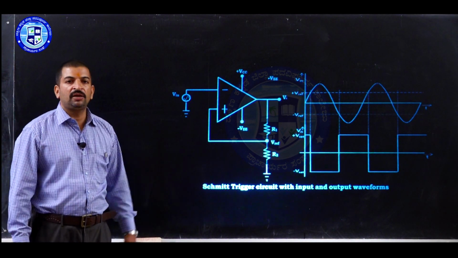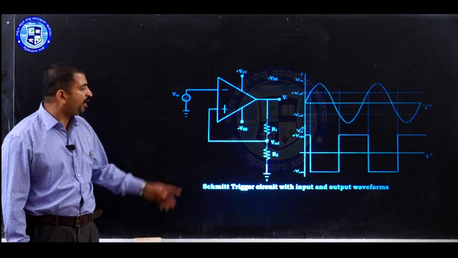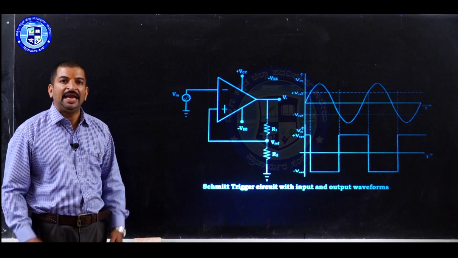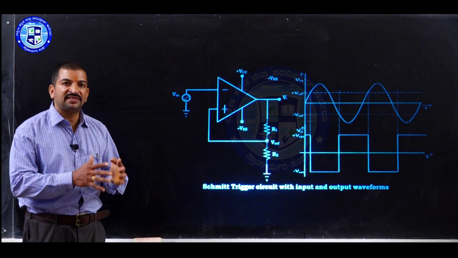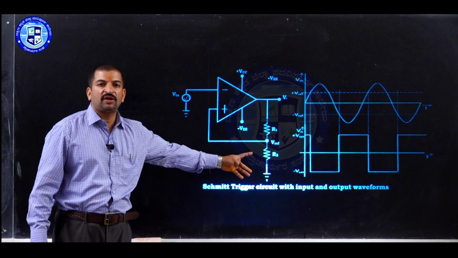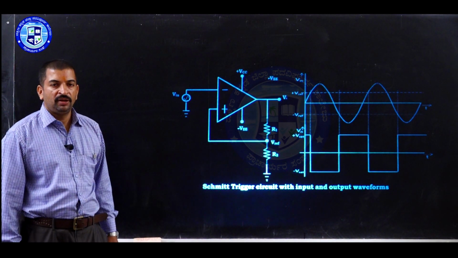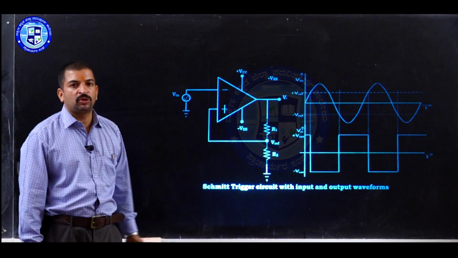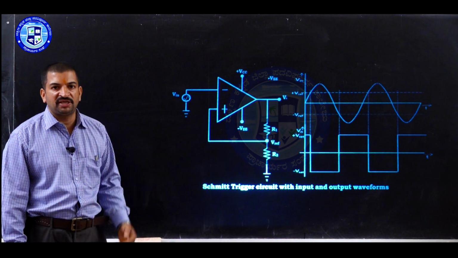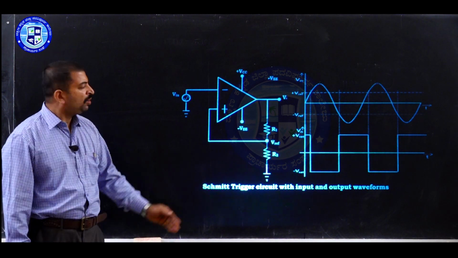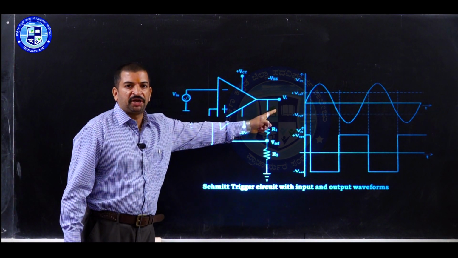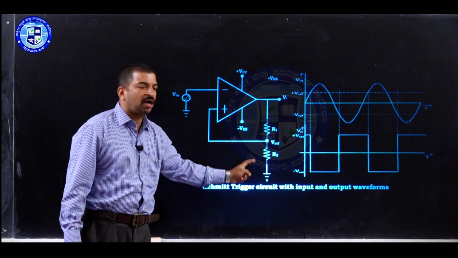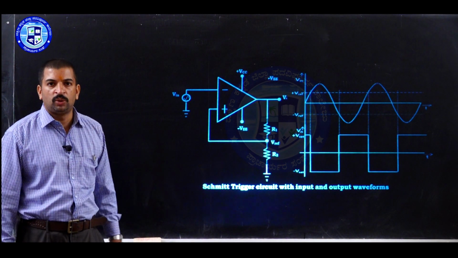We will now study the working of the circuit. When the input signal is applied to the inverting input terminal, initially the input voltage is less than the voltage across resistor R2. Let us consider the voltage across resistor R2 is now the upper threshold voltage. That means the output voltage is positive. When the output voltage is positive, the voltage across resistor R2 is called the upper threshold voltage.